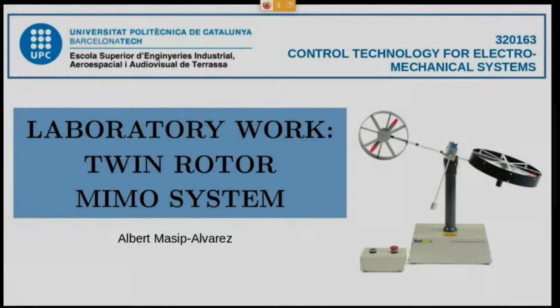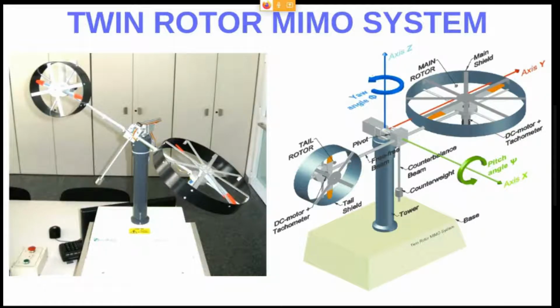In this video, we're going to have a look at the control strategies for the twin rotor MIMO system. Remember that the twin rotor MIMO system is similar to a helicopter, right? Obviously, it doesn't work the same way as a real helicopter, but we have two rotors, as you can see here.